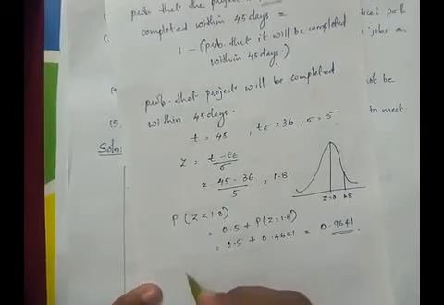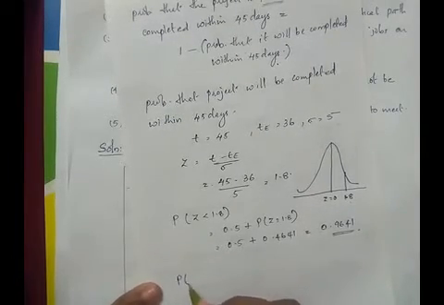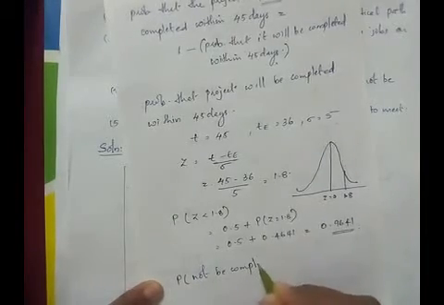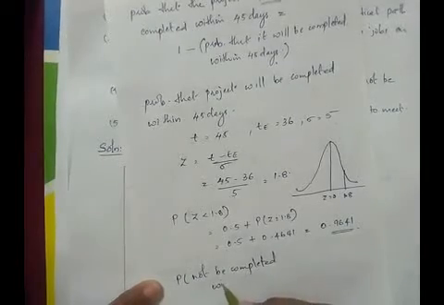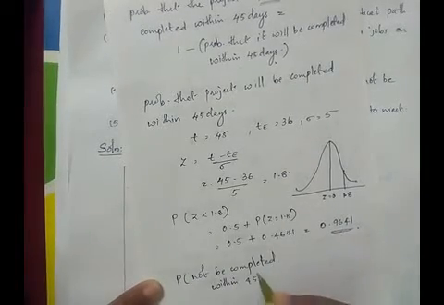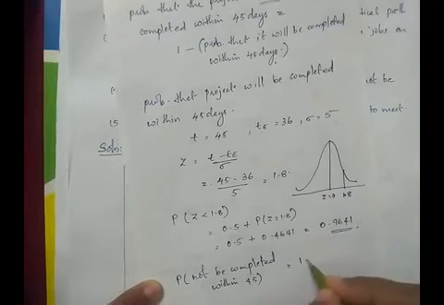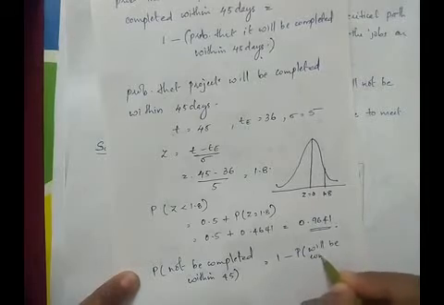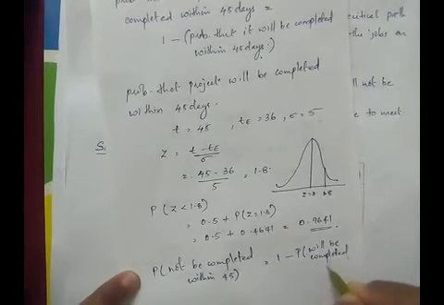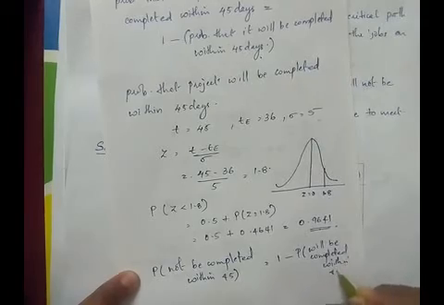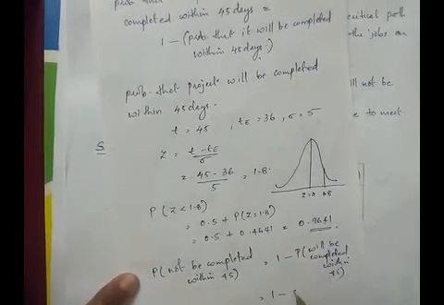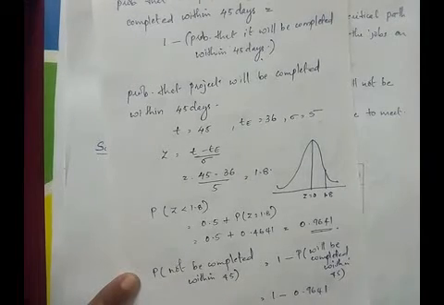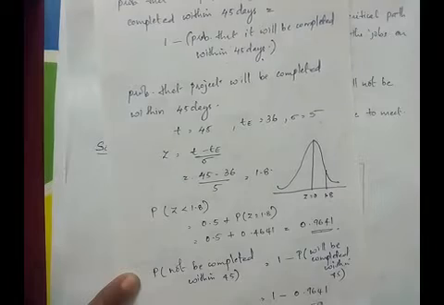So the answer which we want, the probability that the project will not be completed within 45 days, is 1 minus the probability that it will be completed within 45 days, which is 1 minus 0.9641, which is equal to 0.0359.